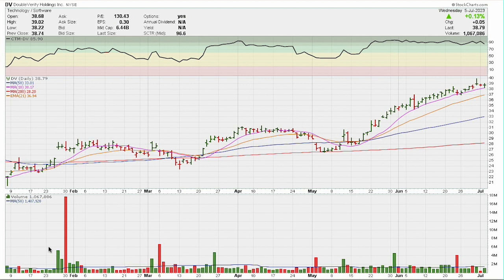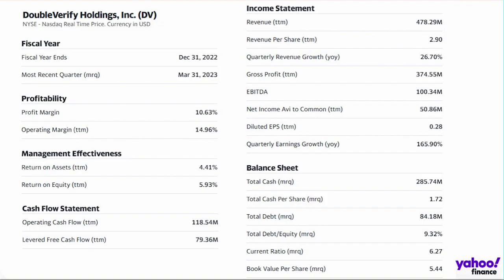Let's take a look real quickly at the numbers, just because we need to verify that this is a solid company. Profit margin looks good. Return on equity is a little bit low, but this is a fairly young company. I think the most important numbers are two numbers. One, their revenue growth was very healthy at 27% year over year, as of the most recent quarter.